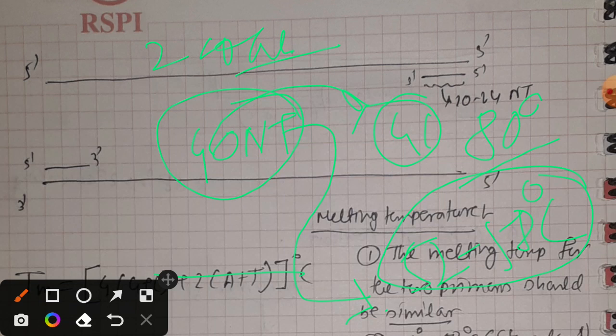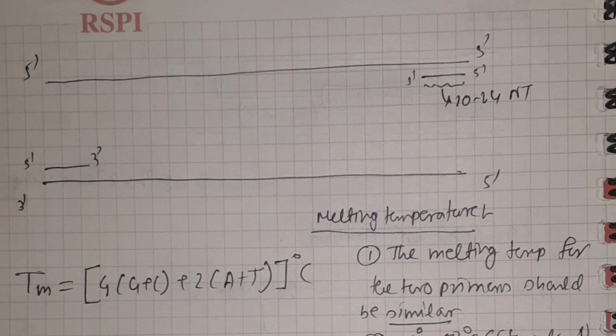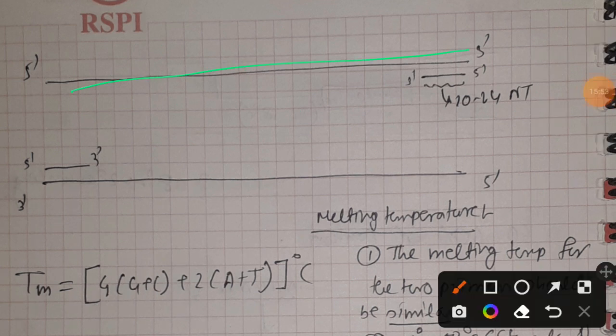It is possible that among 40 nucleotides, the primer can find complementarity with near about 30 nucleotides in another part of the DNA except the 3' end. Suppose this is a template and this is a wrong template, similar to the 3' end of the DNA but not the specific one.